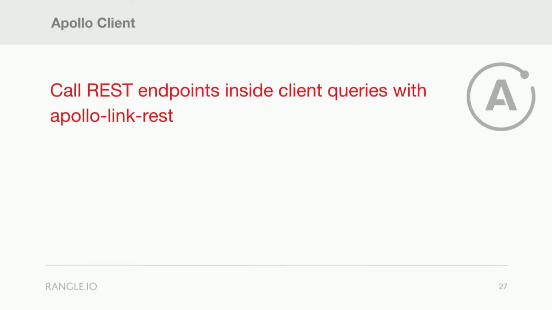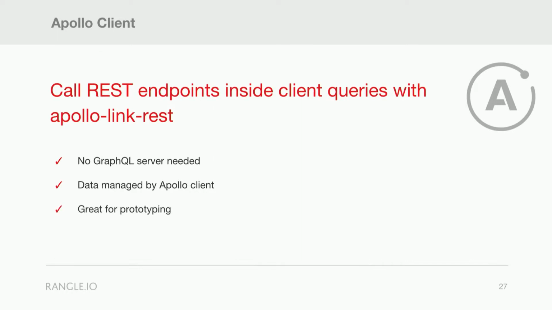So Apollo link rest allows us to make REST calls inside of a GraphQL query. What this means is you don't need a GraphQL server in order to query a REST endpoint. And that data is automatically managed by Apollo client. So you get that caching and the normalization of a REST endpoint without having to go through a GraphQL server.